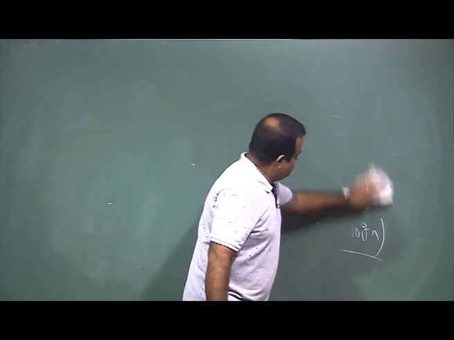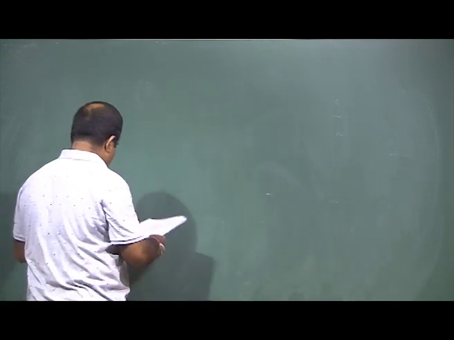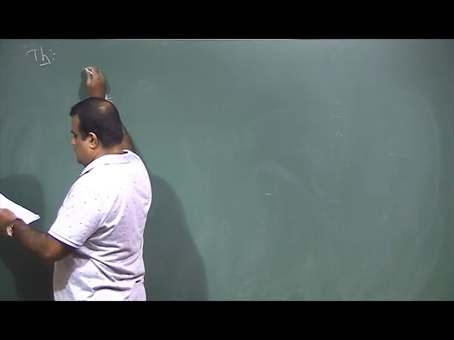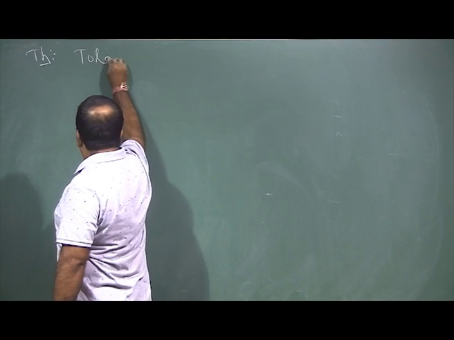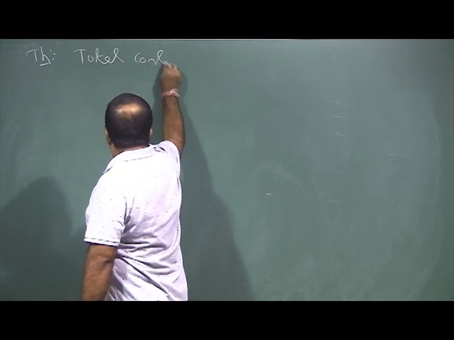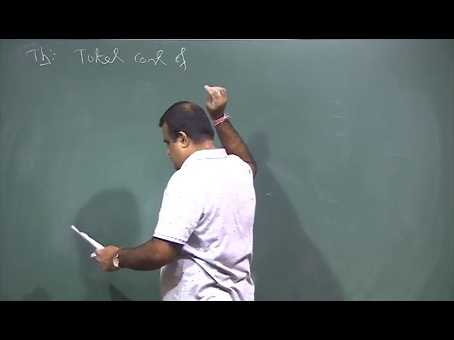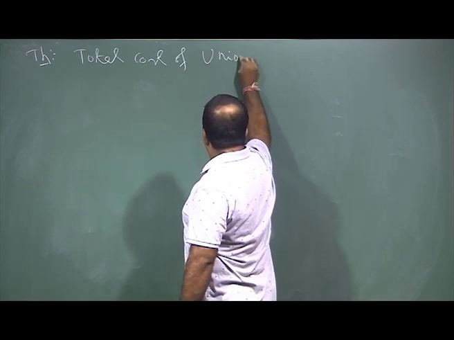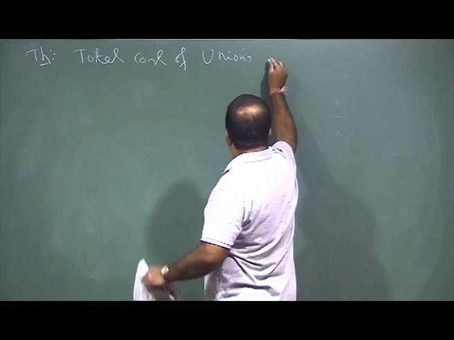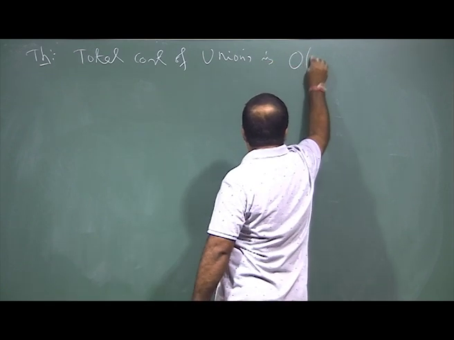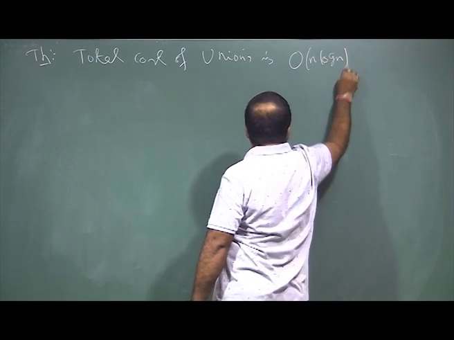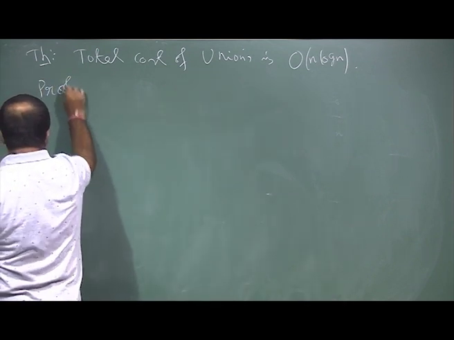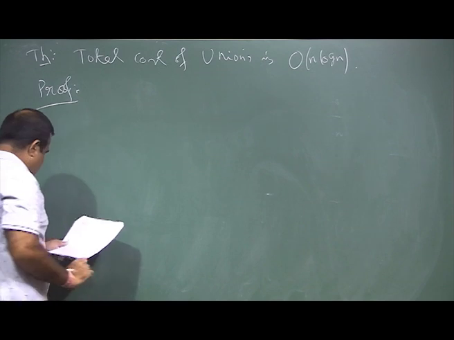Let us state the theorem: the total cost of union operations is order of n log n. How to prove this? This is in an amortized sense.